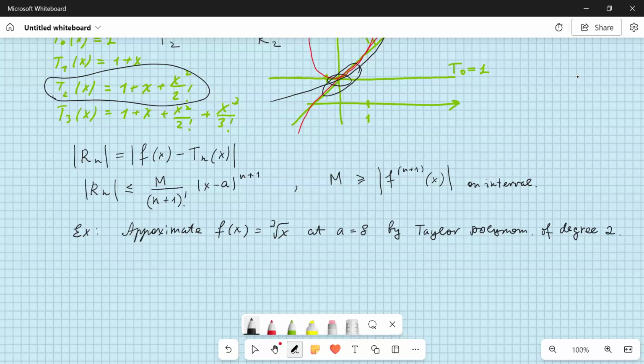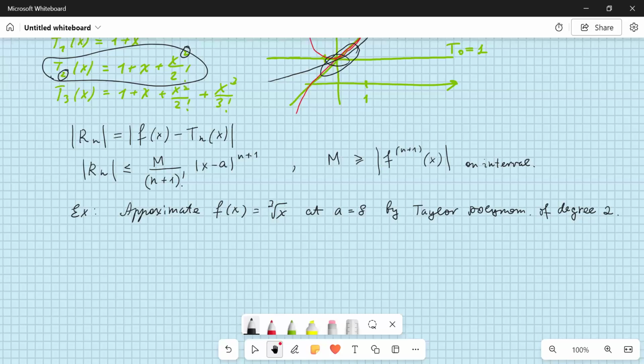So degree 2 means that my index here and my index here are going to be 2. Okay, how do we do that?